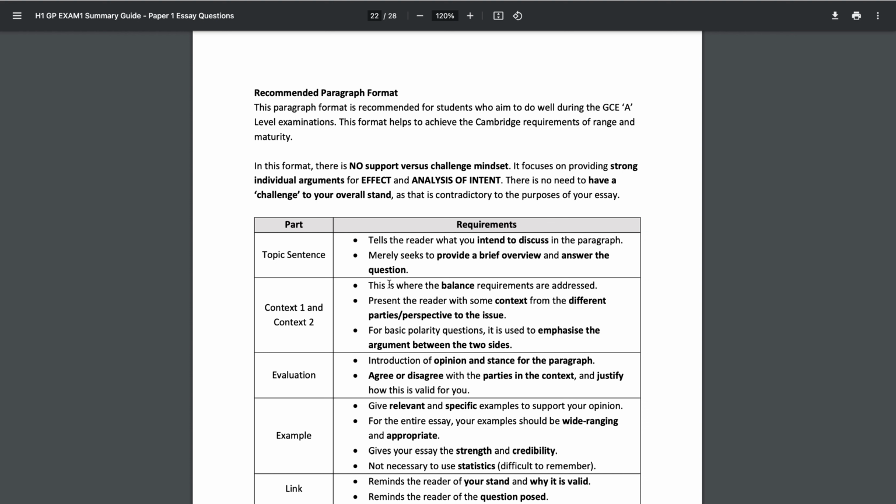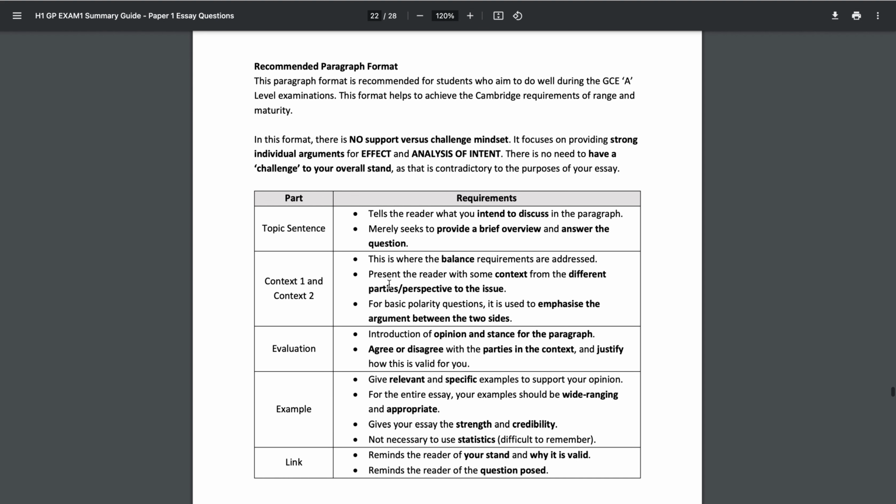So no need to challenge your overall stance. No need to say agree because of this, disagree because of this. Useless. So look at it as individual arguments. Argument, argument, argument, argument. Not for against. Individual arguments based on different discussion points.